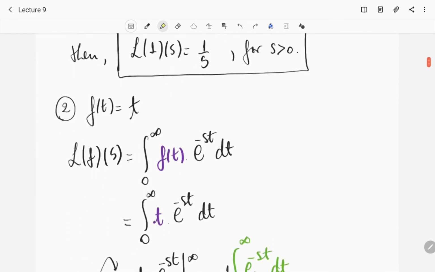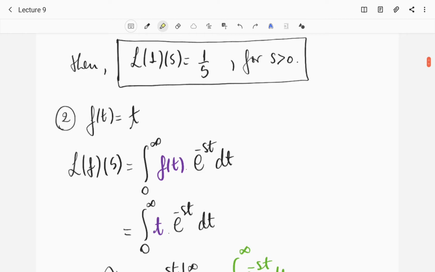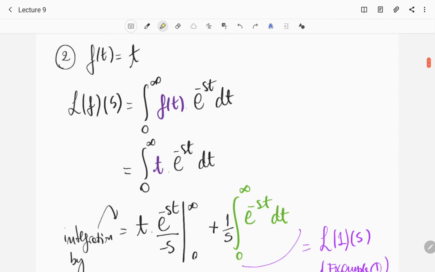Okay, second example. Again, we are just increasing the difficulty here. We jump from the constant function 1 to the other easy function, just t, the identity. So f of t is equal to t. Again, we need to compute the Laplace transform and we only know the definition, so that's what we are going to use.